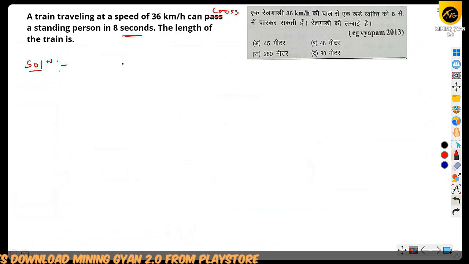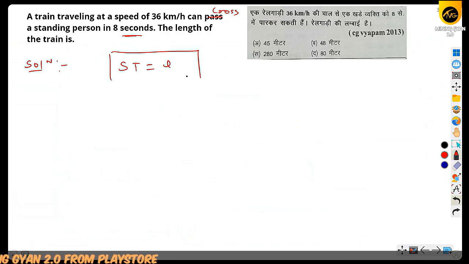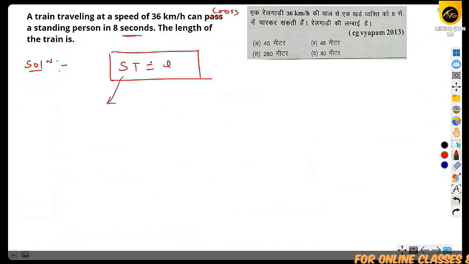To find the length of the train, we use the formula S into T is equal to L, where L is the length of the train. The speed of the train is 36 km per hour, and the time duration is 8 seconds. We have to find the length of the train.